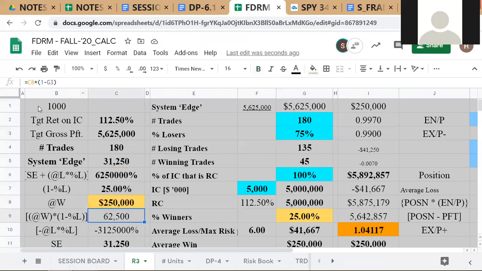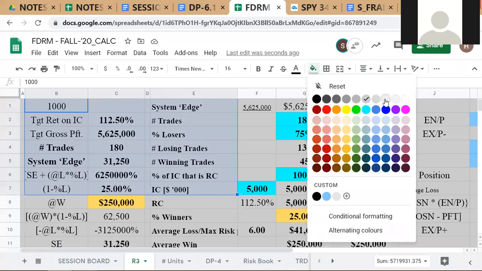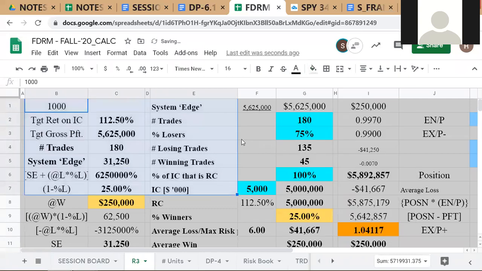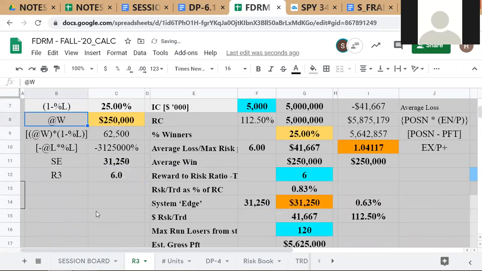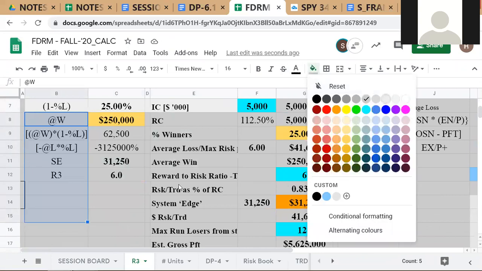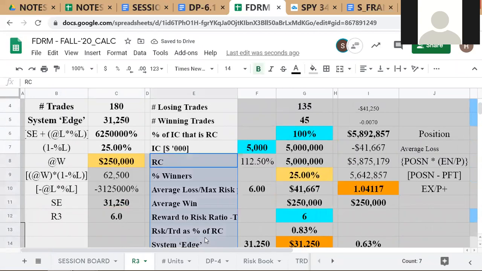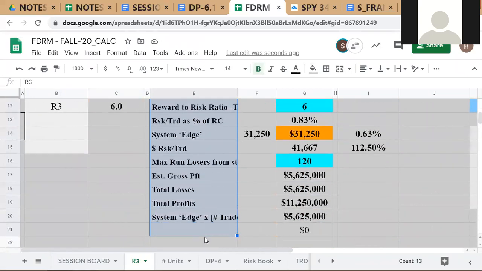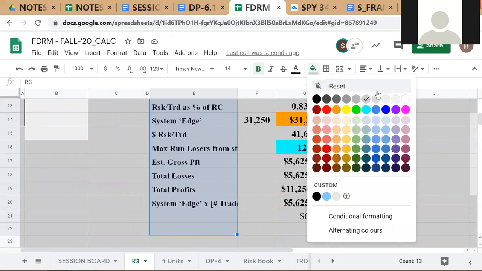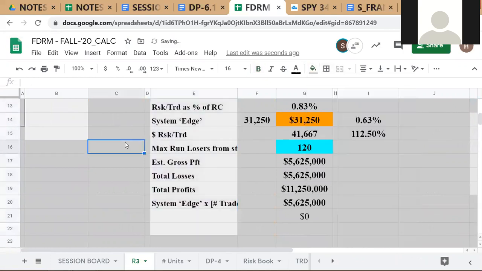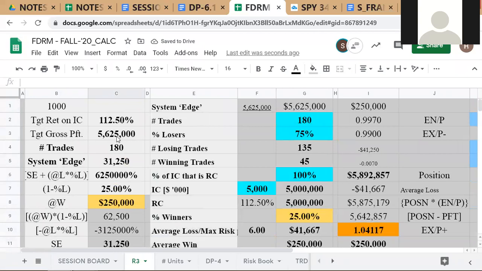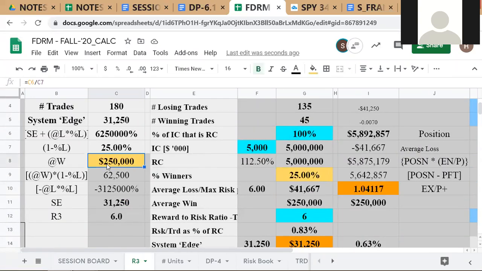Actually, maybe I should just make this a little bit lighter because it'll be easier for you guys to see. All right, so what we have is average win coming out of this.